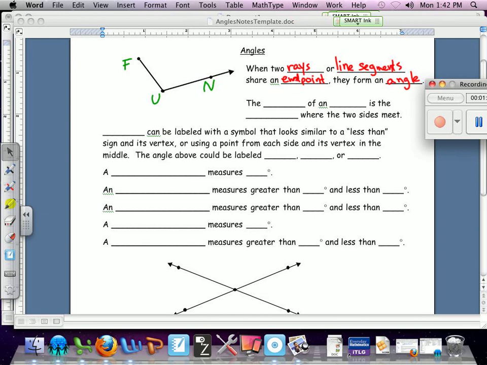So a lot of times you talk about the angles inside polygons, and those are made of line segments. The ones in your journal you looked at today are all formed with rays, where they would, in theory, go on forever. The vertex, and the plural of vertex is vertices. The vertex of an angle is the endpoint where the two sides meet.